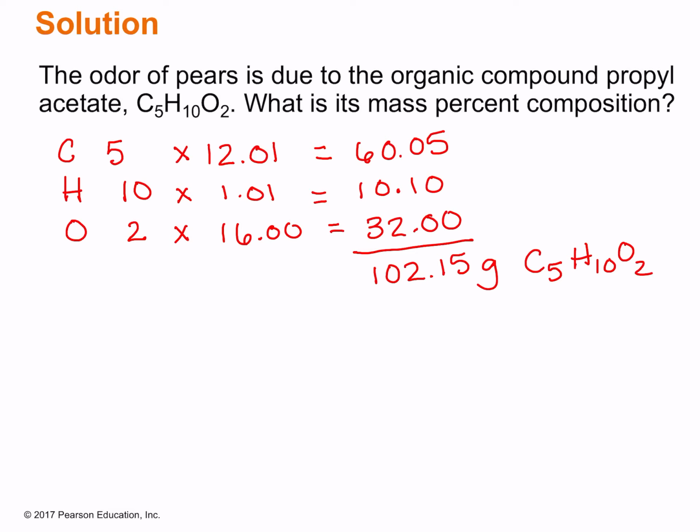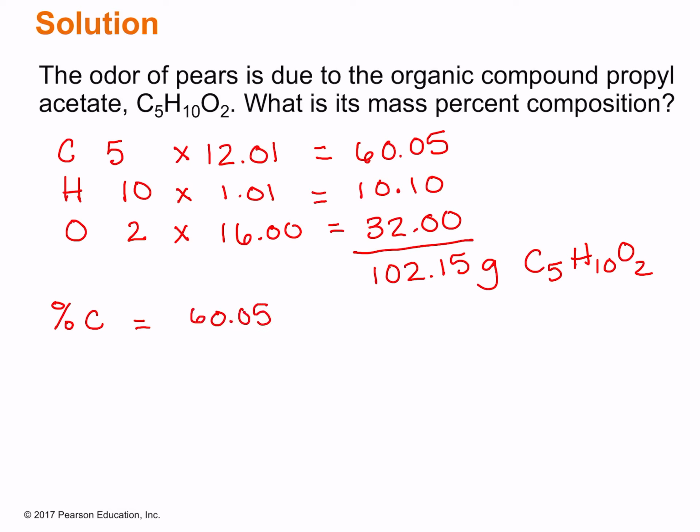So this will help us to get the mass percent of carbon, hydrogen, and oxygen. So the way that we get the mass percent of carbon, we will take the total mass of carbon. So not this 12.01 that we were using earlier, but the total mass of carbon in the compound. So that will be that 60.05 that we're seeing there on the right.